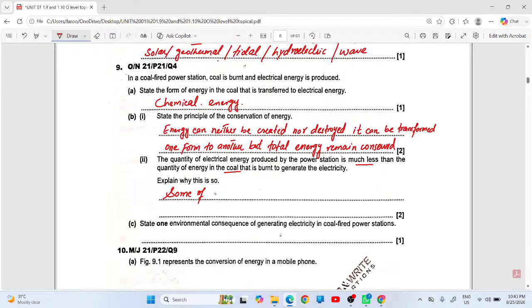Some of the chemical energy is converted into thermal, light, sound etc. energy.